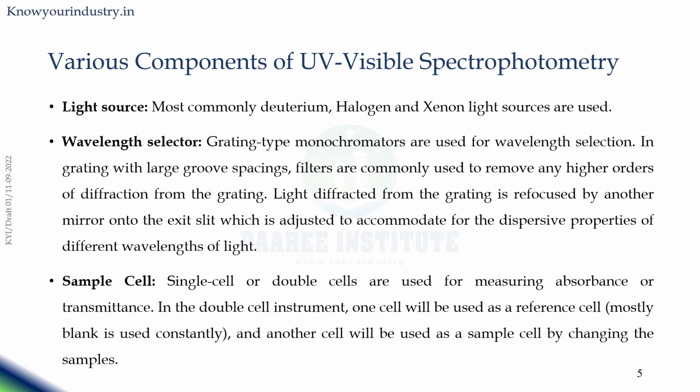In the previous slide, we have seen the schematic diagram of a UV visible spectrophotometer, and in this slide, we are going to see each and every part in detail. The light sources commonly used in a UV visible spectrophotometer are the deuterium lamp, halogen lamp, or xenon lamp.